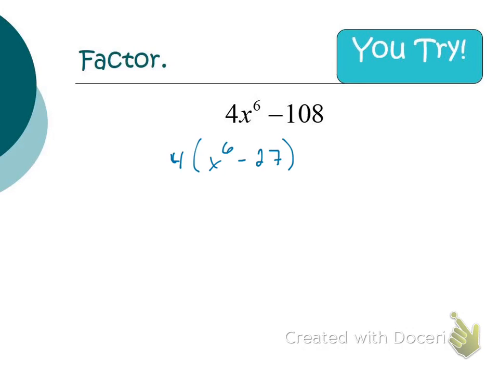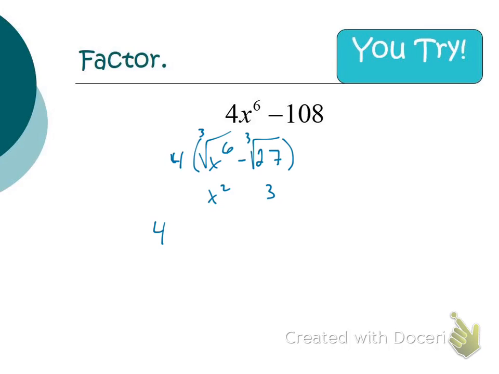Two terms, and it is a difference, but you can't square root 27, so we want to check for cubes. Can you cube root that, and can you cube root that? The cube root of x to the 6th is x squared. The cube root of 27 is 3. So yep, we can factor it into our difference of 2 cubes.